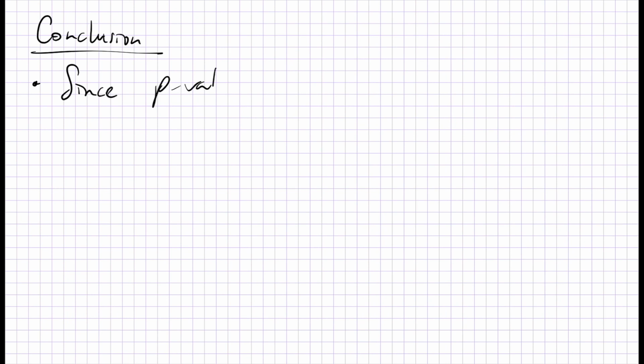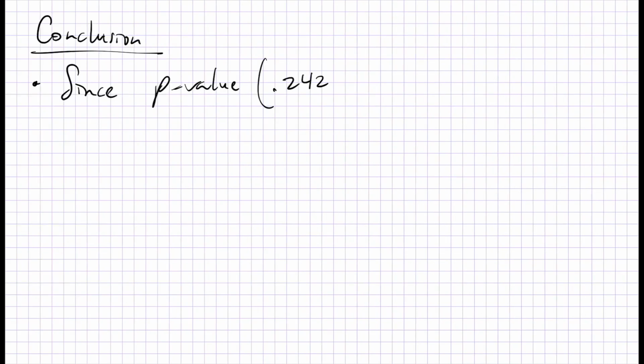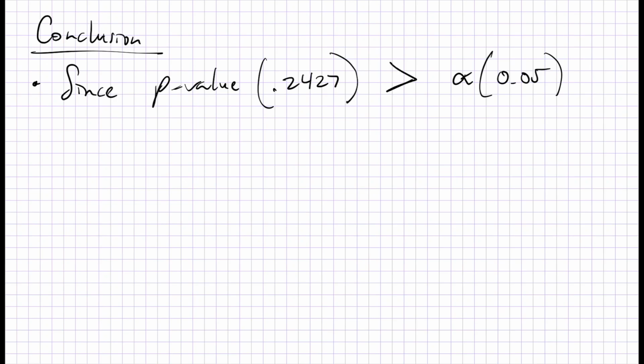Since the p-value 0.2427 is greater than alpha, what do we do?